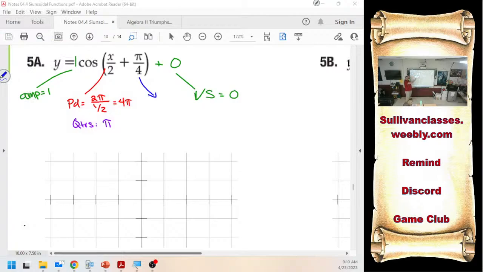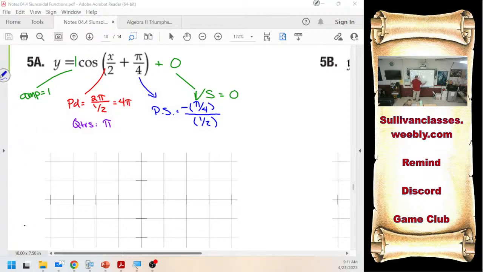Okay, I'll write the information and you do the graph. Phase shift, negative c over b. What is c? Pi over 4. B is? No, 1/2. One half x is x over 2.